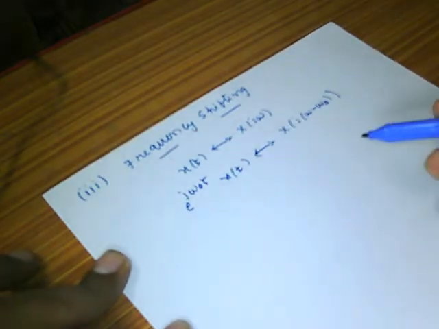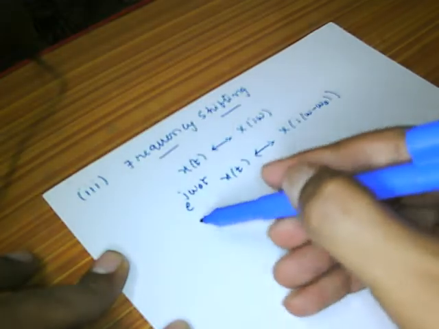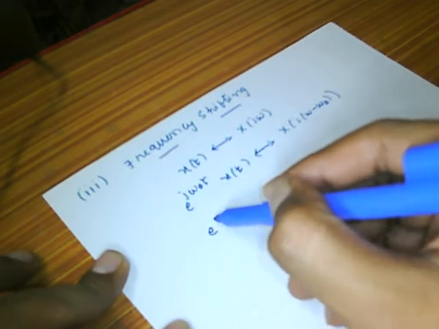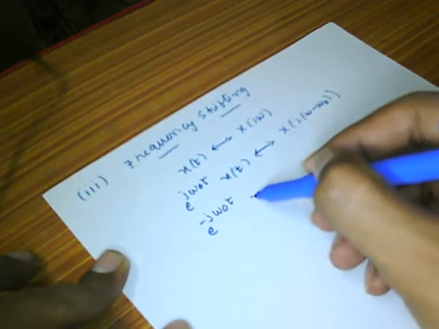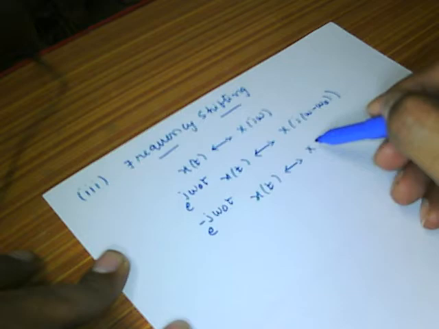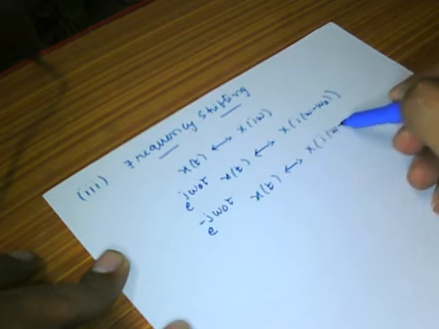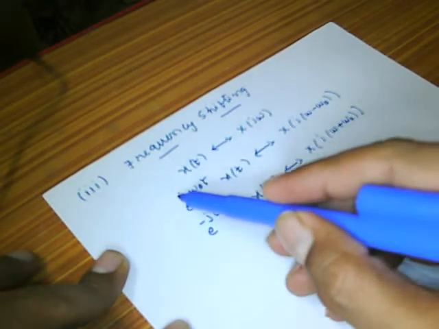So note that here a positive sign implies a negative sign here. Similarly, we can show that e power minus j omega naught t x of t has x of j into omega plus omega naught as the Fourier transform. So if it is minus, it will become plus. If it is plus, it will become minus.